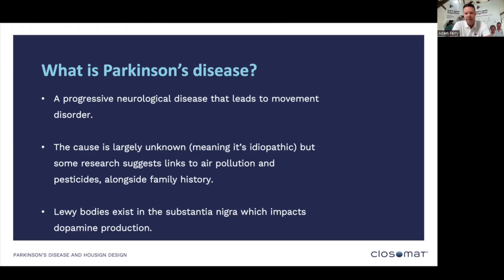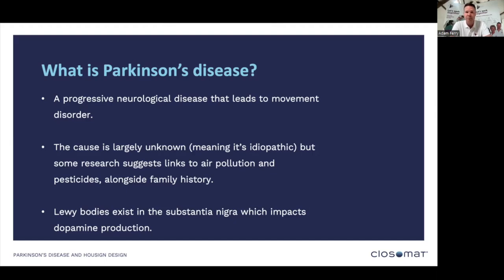From a scan perspective, so from an investigative perspective, it's about the presence of Lewy bodies, which exist for Parkinson's in the substantia nigra, and that impacts on dopamine production. Now, the Lewy bodies you might be familiar with from a dementia perspective, and they're exactly the same, but they're in different places.